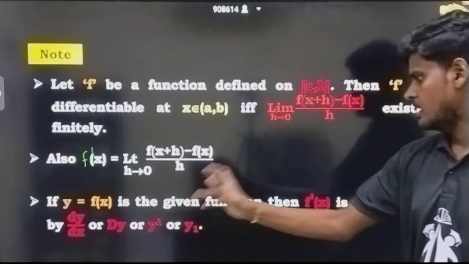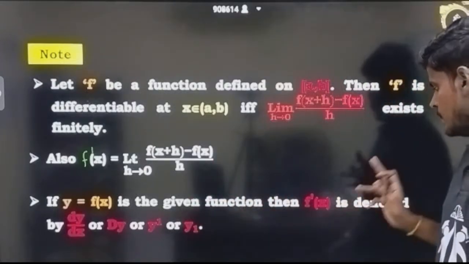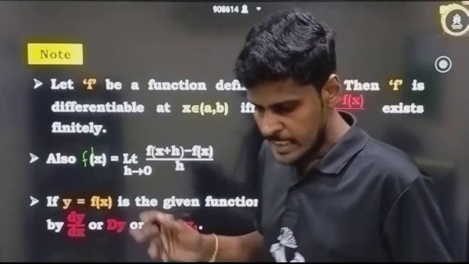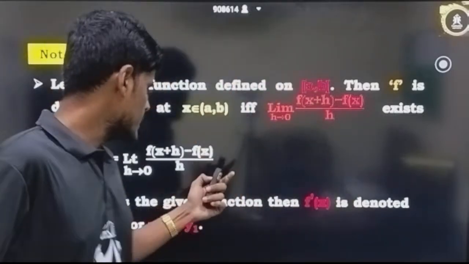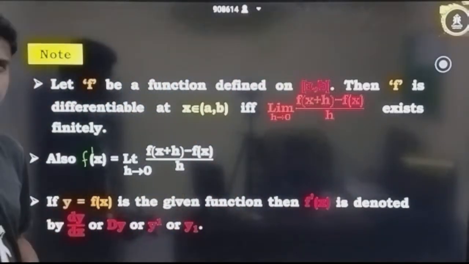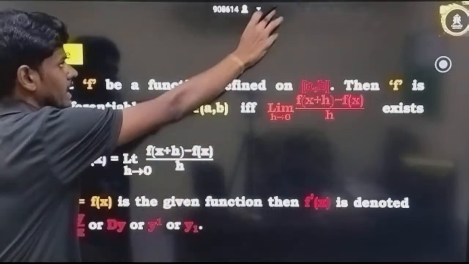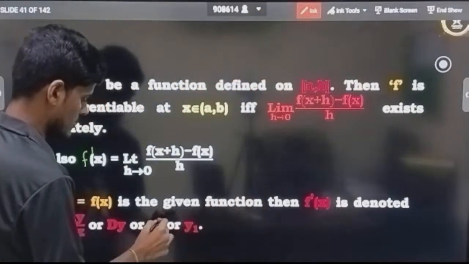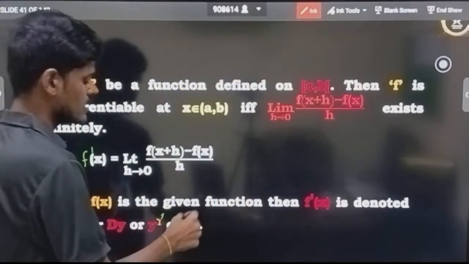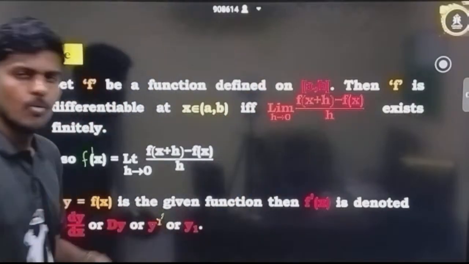If y is the given function, then f dash of x, that is given by f dash of x or dy by dx or d of y or y dash, not y1, this is y dash or y subscript 1.